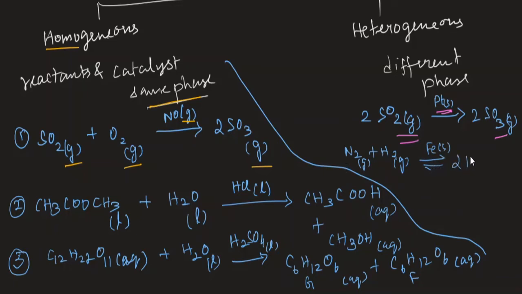So you get 2 moles of ammonia. So the physical state of iron is solid, the remaining are gas, and that's why it's called heterogeneous catalysts. So likewise we can give a variety of examples.